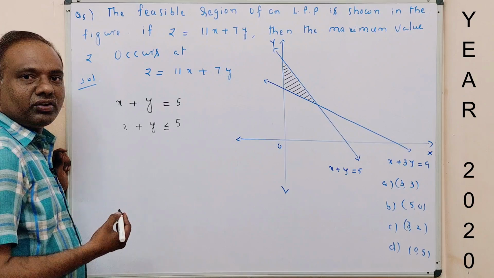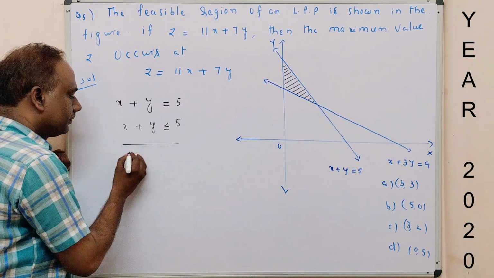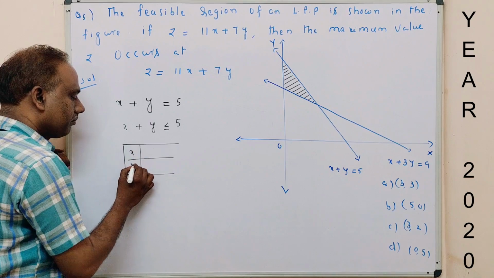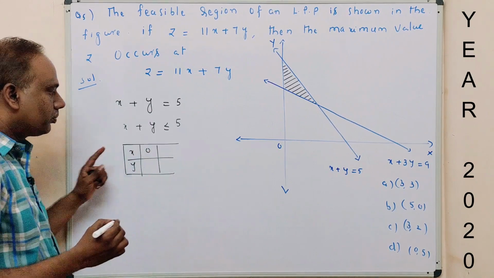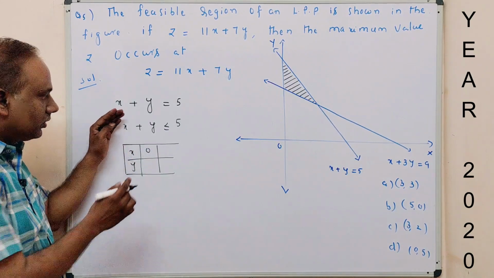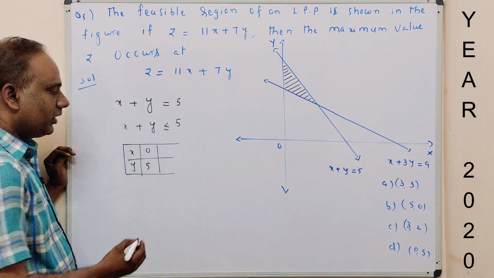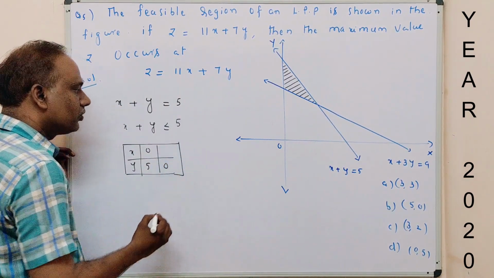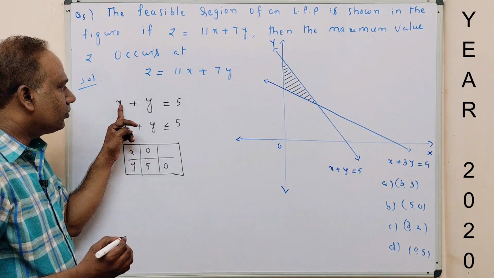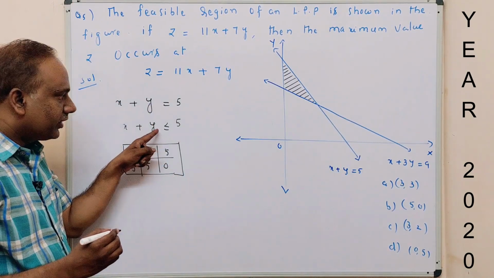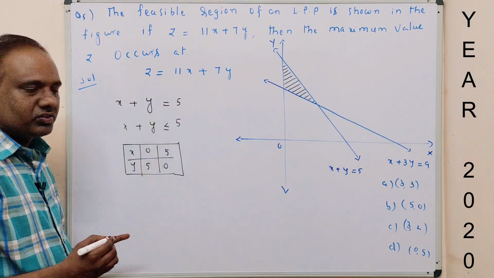So here we can calculate the corner points. Suppose x is equal to 0, then y is equal to 5. And you take y is equal to 0, then x is equal to 5. You can take any equation, so it can be written this way also.